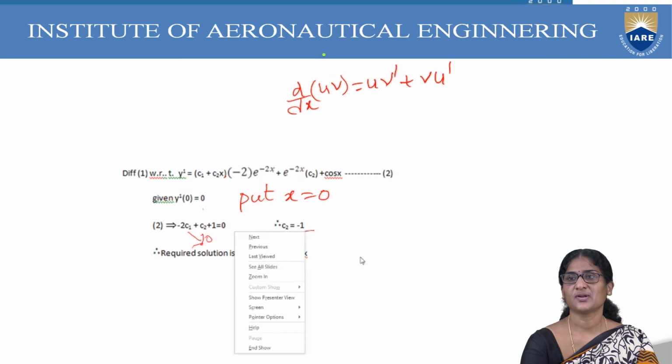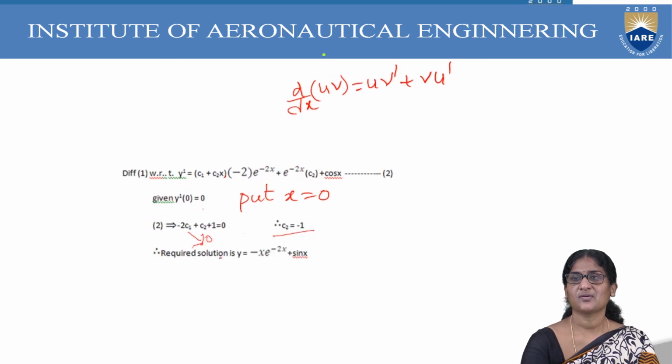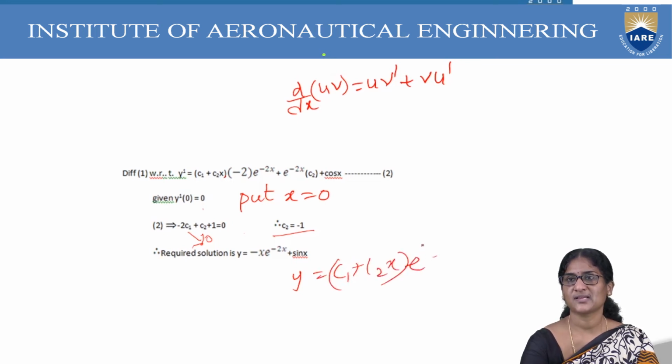So you substitute that in the required solution. The general solution is y is equal to c1 plus c2 x into e power minus 2x, plus sin x. You just substitute c1 is equal to 0 and c2 is equal to minus 1.